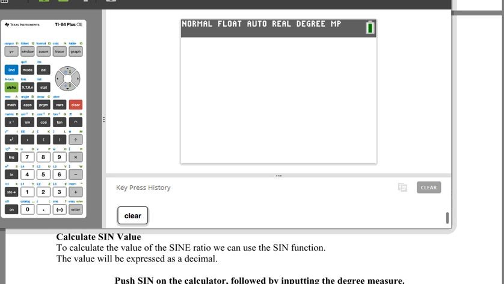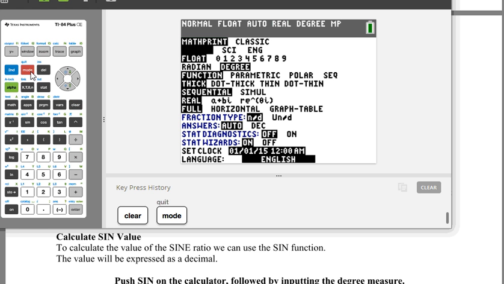If you have a graphing calculator, what you need to do is you need to hit the mode button on your calculator beside the second function key. When you hit mode, you notice that we have this radian or degree. You need to make sure degree is highlighted.